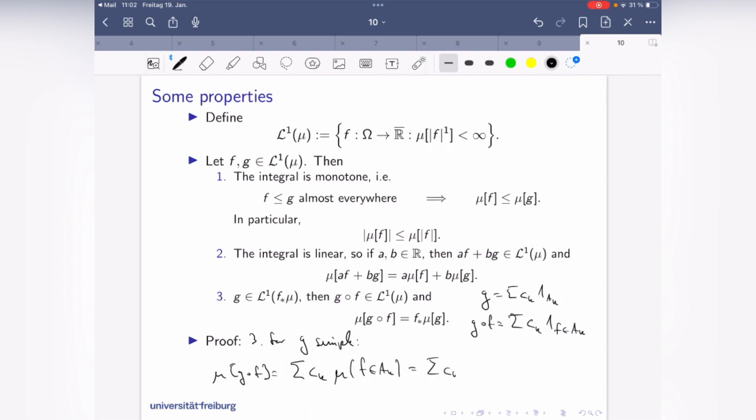That's ck times f star mu of Ak, which is in turn the integral of g with respect to f star mu, by definition. That means the formula holds here for simple functions g, and by approximation, again, I can use also general measurable functions.